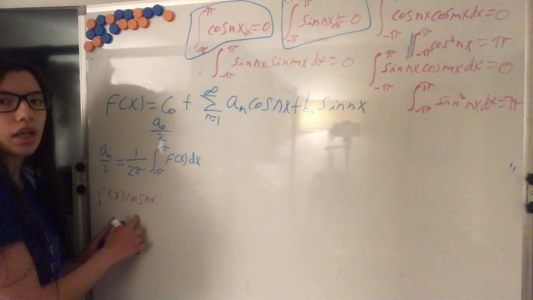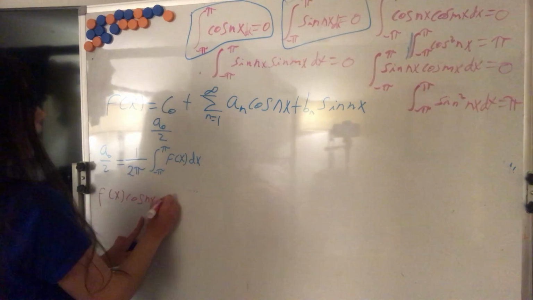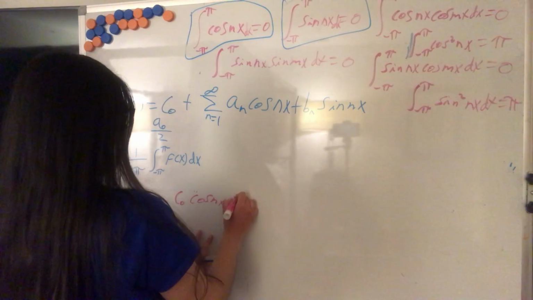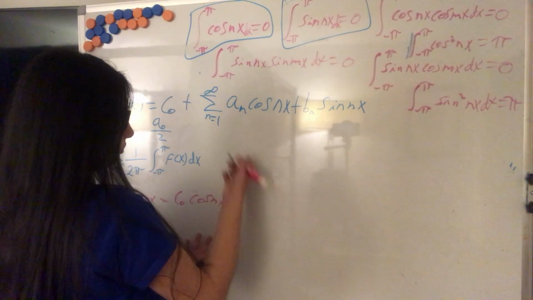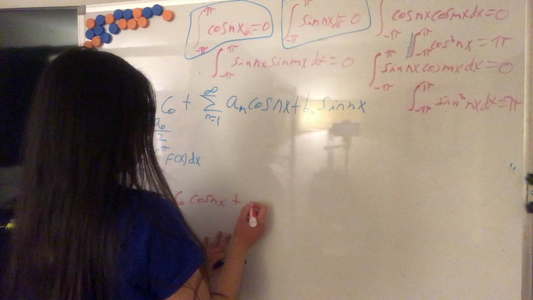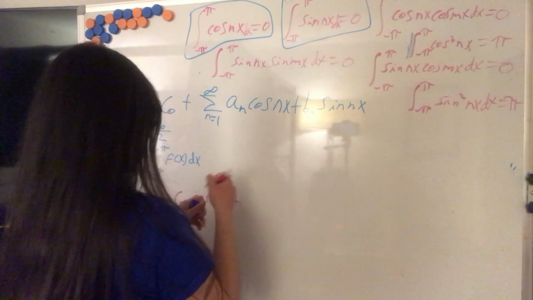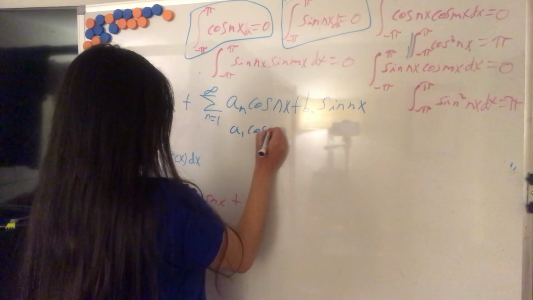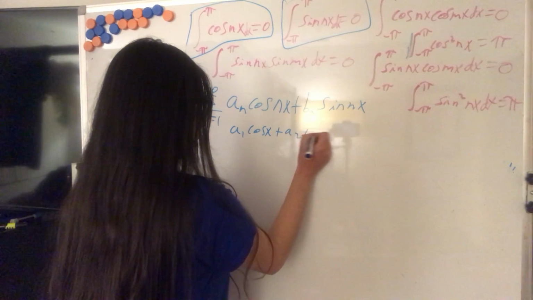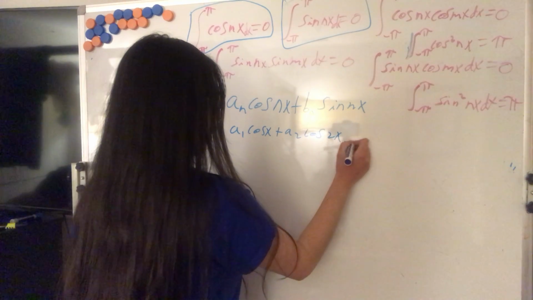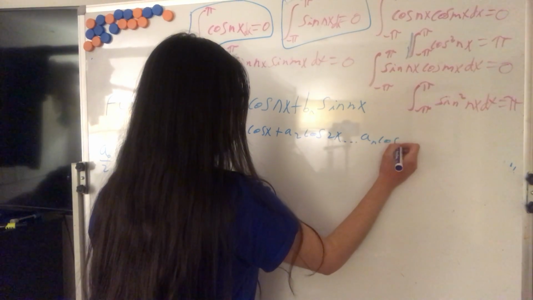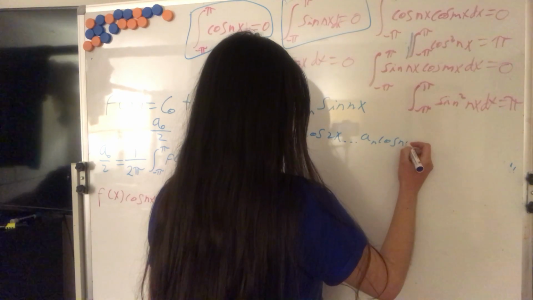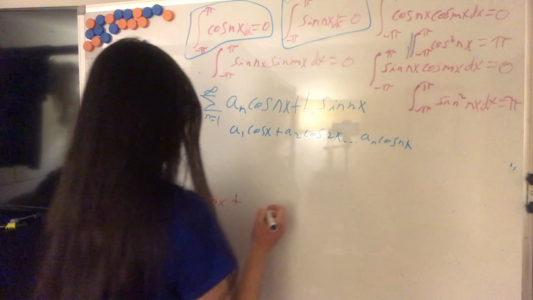So f of x times cosine of nx is equal to c sub naught cosine of nx plus, and remember that we expand here, it is the same as a sub 1 cosine of x plus a sub 2 cosine of 2x all the way to a sub n cosine of nx.